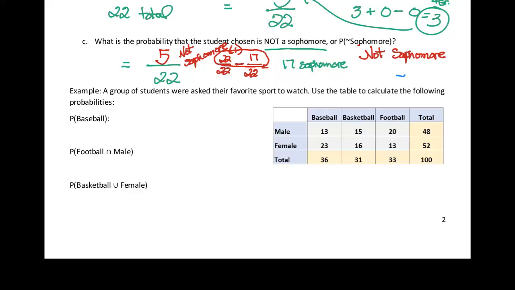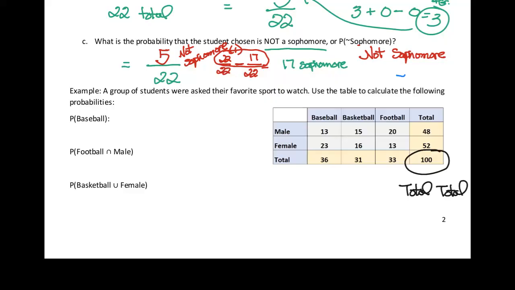And this number down here in the bottom right corner, I call this the total. And I've made that up myself, okay? That is the number of total students that were surveyed, all right?